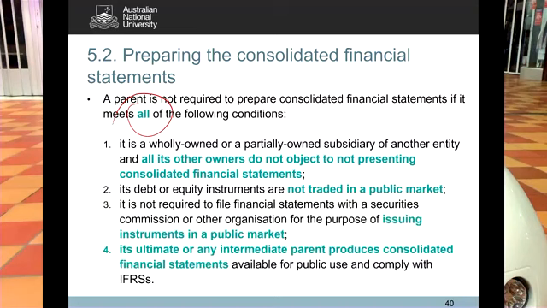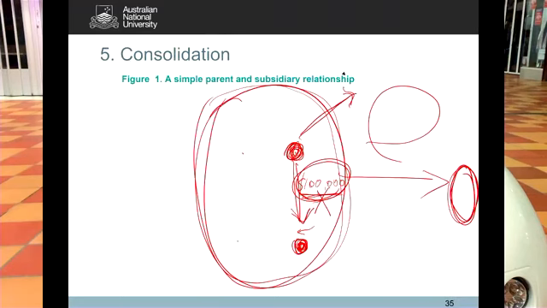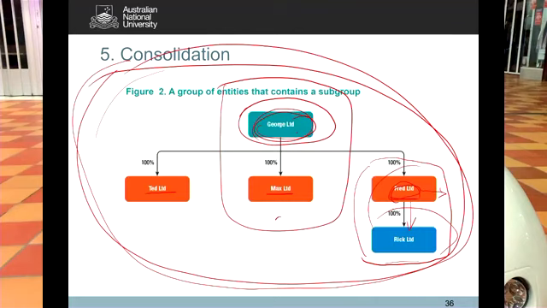First, if this company is a wholly owned or a partially owned subsidiary of another. So basically, if you look at the picture I give here, Fred is a subsidiary of George.